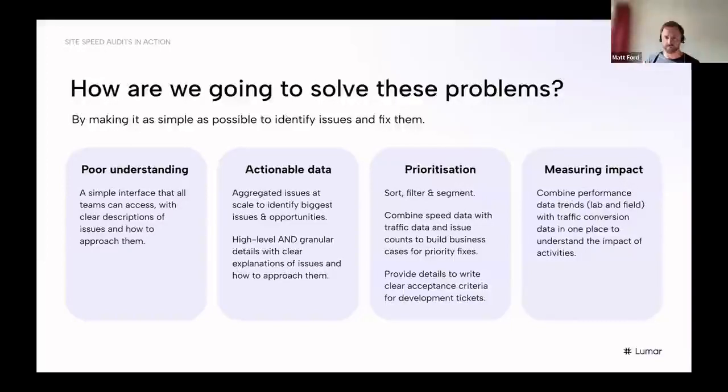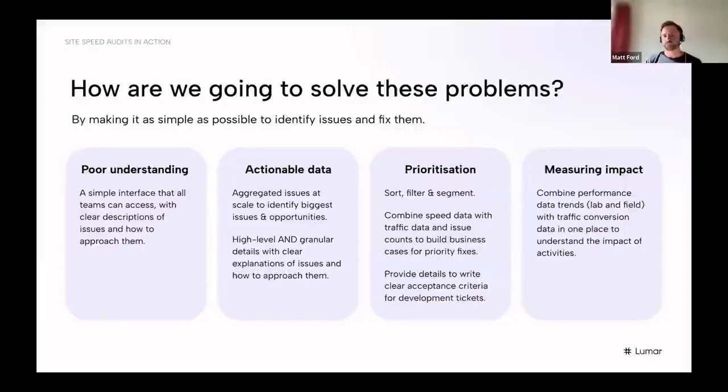Prioritization is kind of the bread and butter of our platform, with the ability to filter and sort and segment, and combine different data sources in one place to help build that business case and provide the details for those acceptance criteria for your tickets.